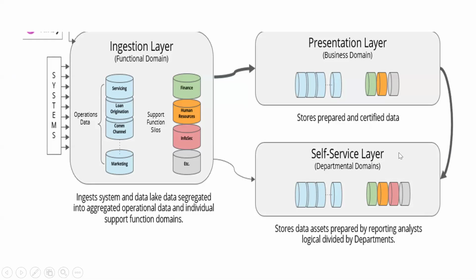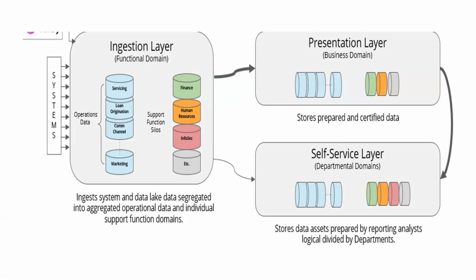And normally, if you go to any project, this is an example. See, you will have different teams like a finance team, HR team, information security team. You have different teams, and you will also have different functions. And you will have different layers, like a self-service layer and a presentation layer, and you will divide them. And both will be in different zones.